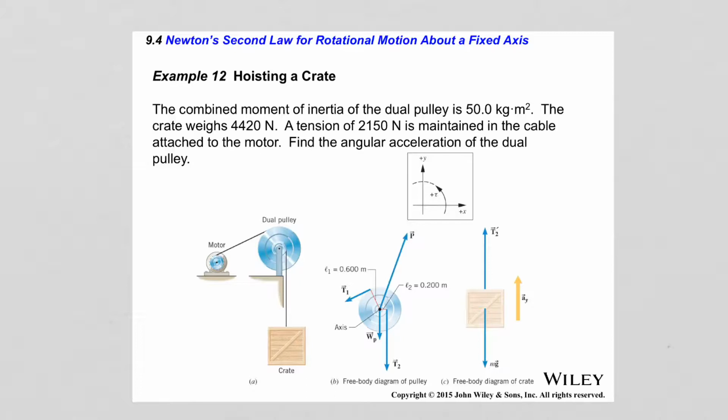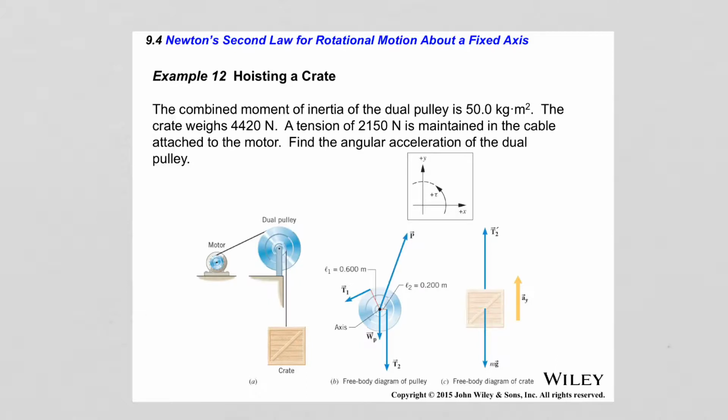Then we have the weight of the pulley pushing down on the axle. We have the tension due to the crate hanging on the cable on the other side, straight down. And the force P here is the reaction force due to all the forces that act in the system.